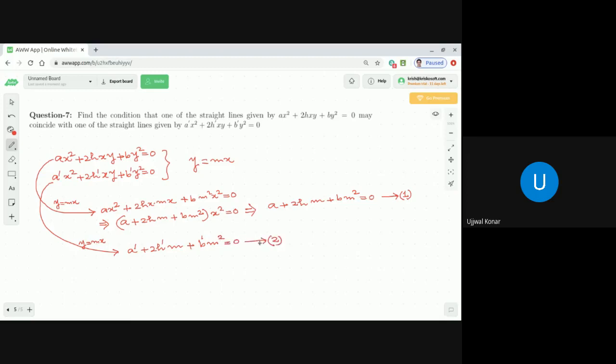Now we can do cross multiplication of both these equations 1 and 2.